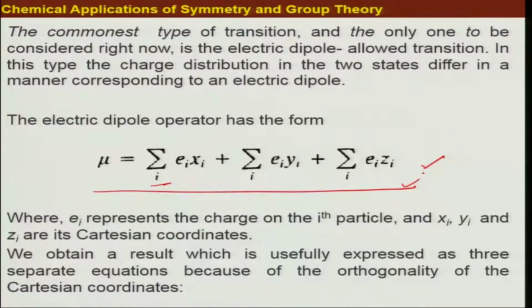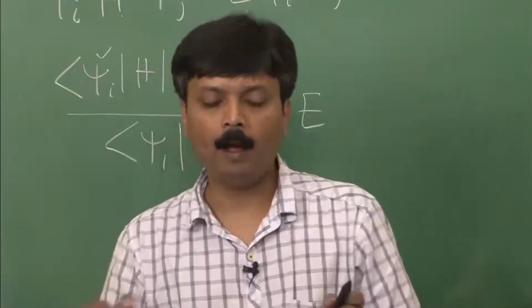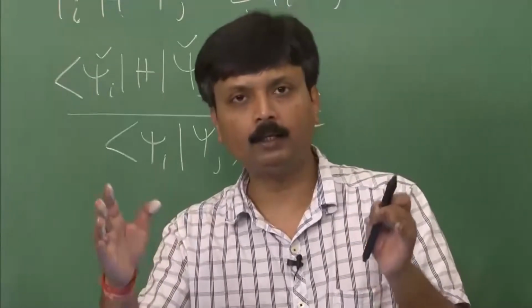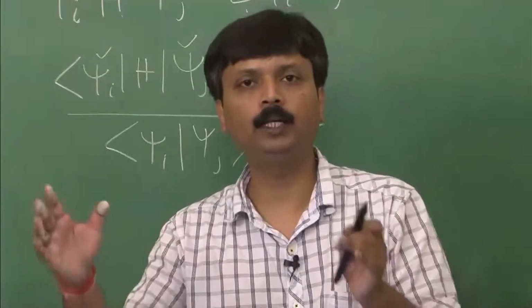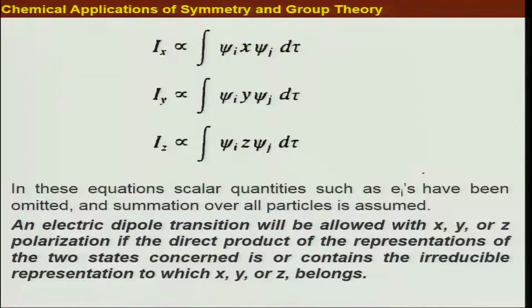When I can separate the different contributions of mu, that is mu x, mu y, and mu z, I can split the transition moment integral also into three different integrals as shown here. So, I can have an integral which is dependent on the x coordinate, and then the y coordinate and the z coordinate.